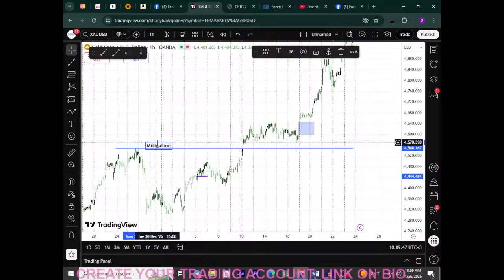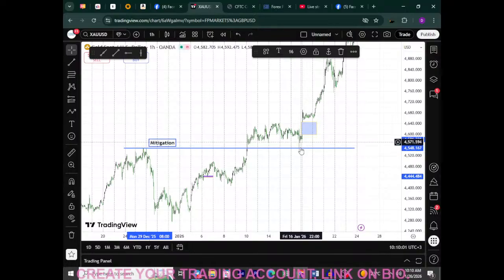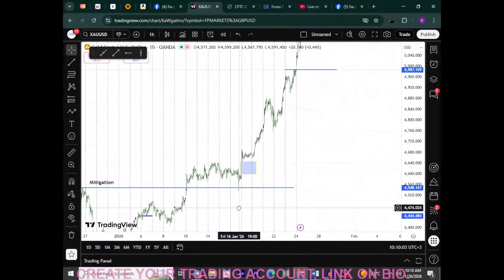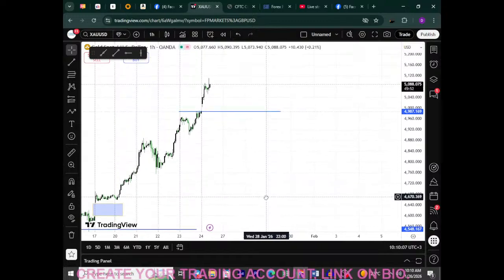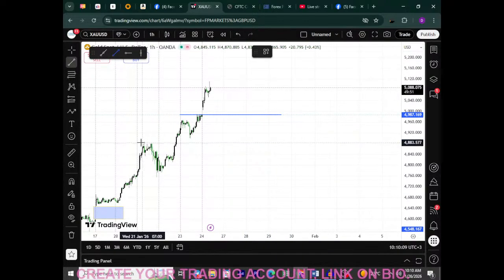We have 11 months, and by the time we get to December, we have perfected the art very well. So these are mitigation blocks. Gold respects mitigation blocks according to what we are seeing here, although it never respected this level.